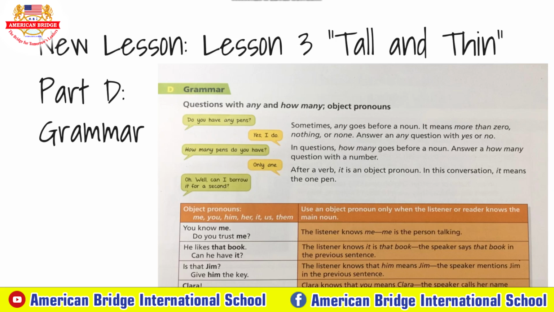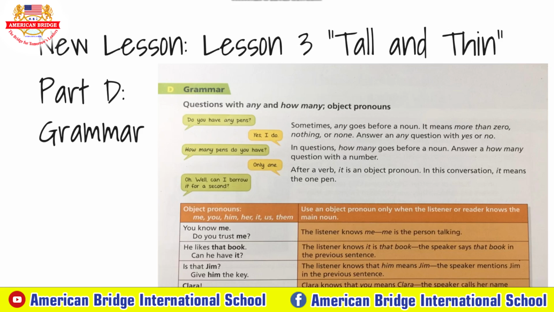Answer how many questions with a number. So if the question is how many pens do you have? Only 1. I have only 1, or you can say I have 2. Like that. So you have to mention the number. You have to answer with a number to these questions.